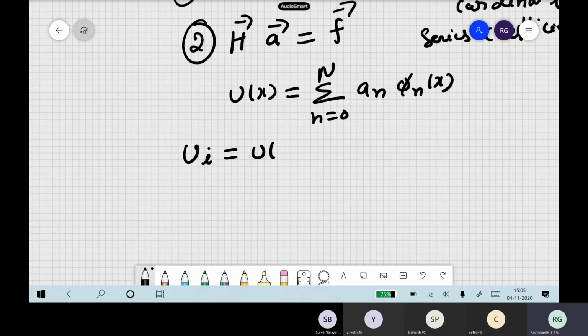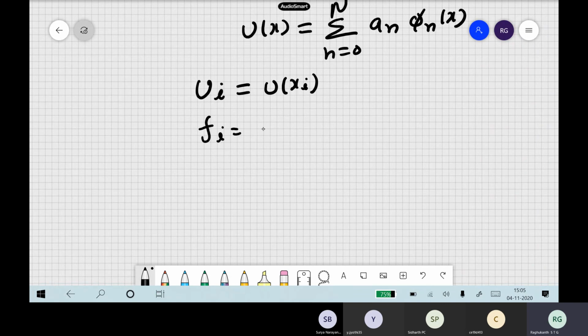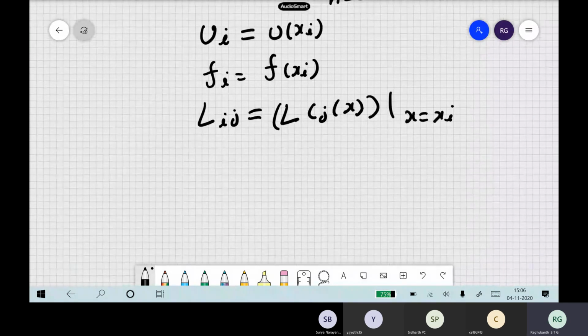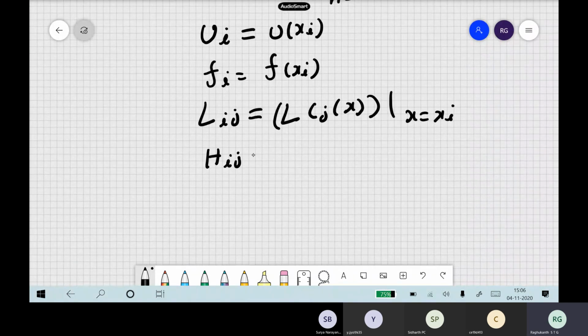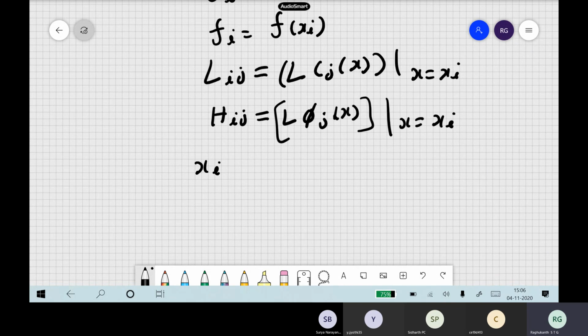So ui is u of xi, f of i is f of xi, and Lij is the operator L phi j of x evaluated at x equals xi, where xi are the interpolation points.